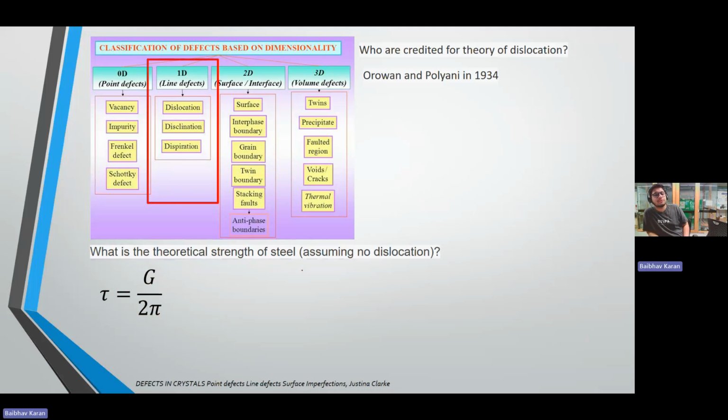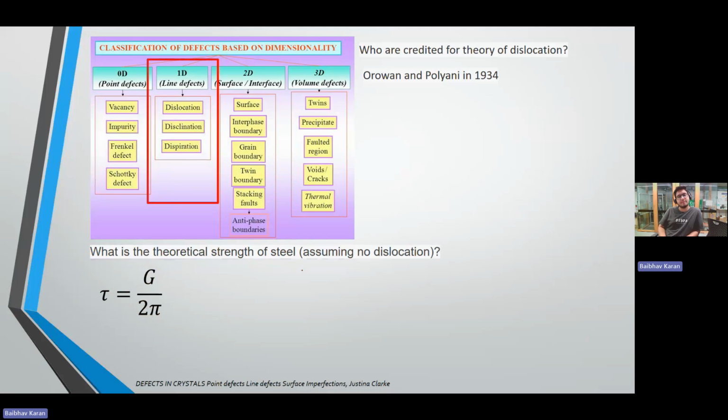Before that, what was the theoretical strength? Theoretical strength means that if there are no dislocations, if the material is defect free, the yield stress of the material is given by G by 2 pi, or G by 10, which is quite high.